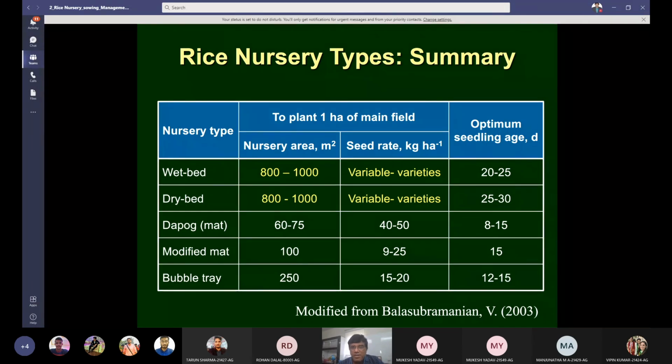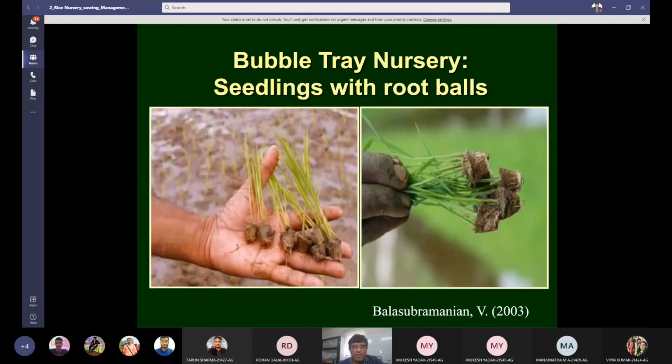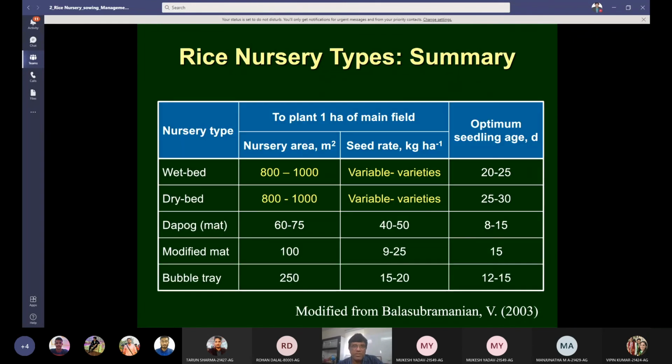Now, rice nursery types. You have seen these seedlings and how they are thrown. By now you have seen the wet bed nursery method, the dry bed nursery method, the depot method of nursery, the bubble tray method of nursery, and also nursery for system of rice intensification. Now just the summary, you can see the nursery type, nursery area, seed rate, and optimum seedling age.